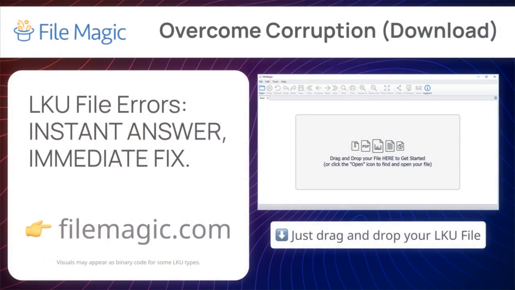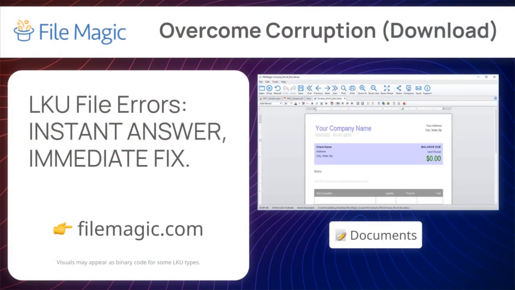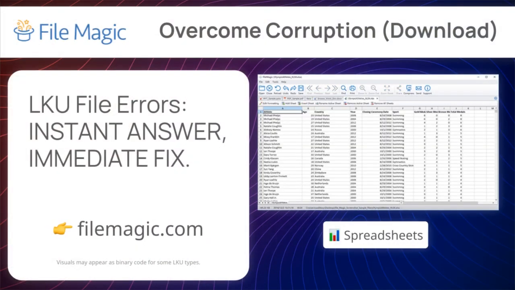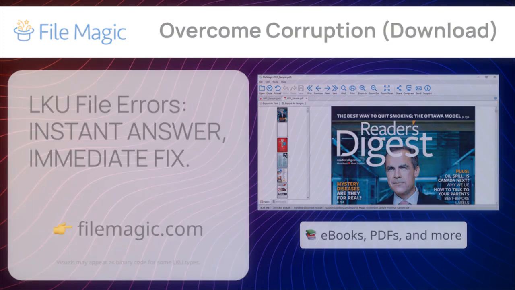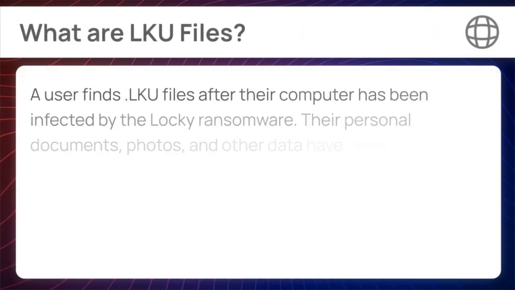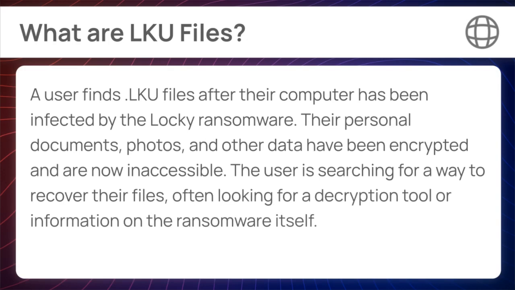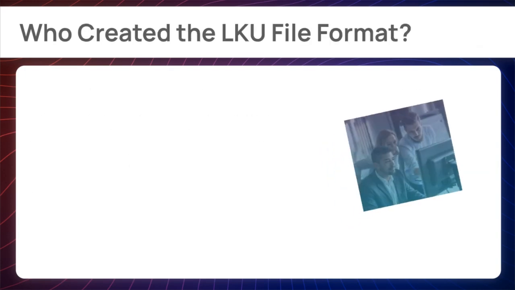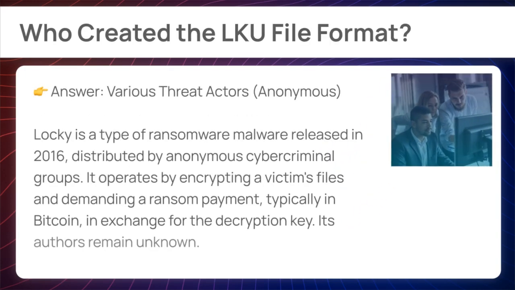We're tackling this LKU file systematically, and I've reserved the most powerful data extraction technique for the end, just in case. A user finds LKU files after their computer has been infected by the Locky ransomware. Their personal documents, photos, and other data have been encrypted and are now inaccessible. The user is searching for a way to recover their files, often looking for a decryption tool or information on the ransomware itself.